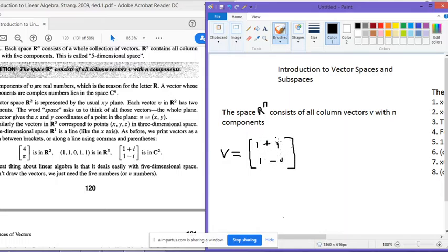There are two components in this vector, so this can be represented as C square. C represents complex, because the components are complex, and it is a two-dimensional space, so that is why it is squared.